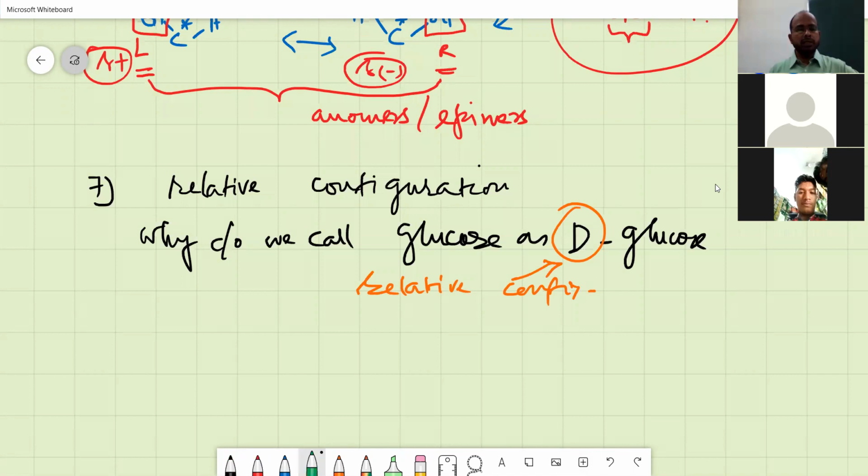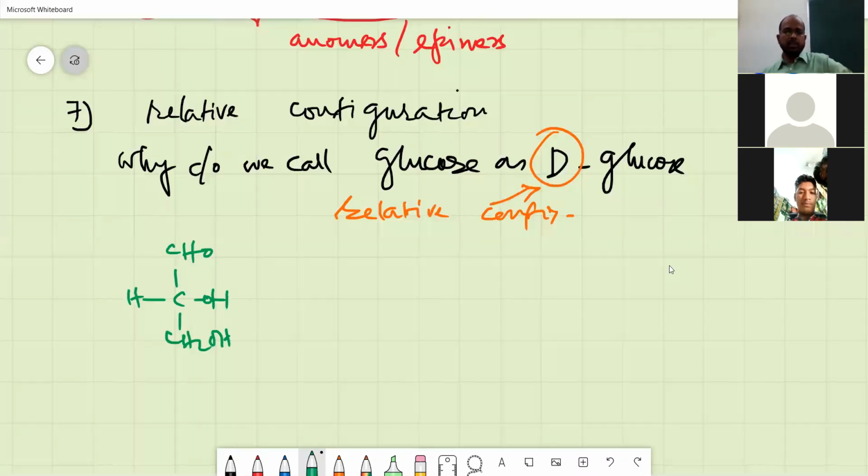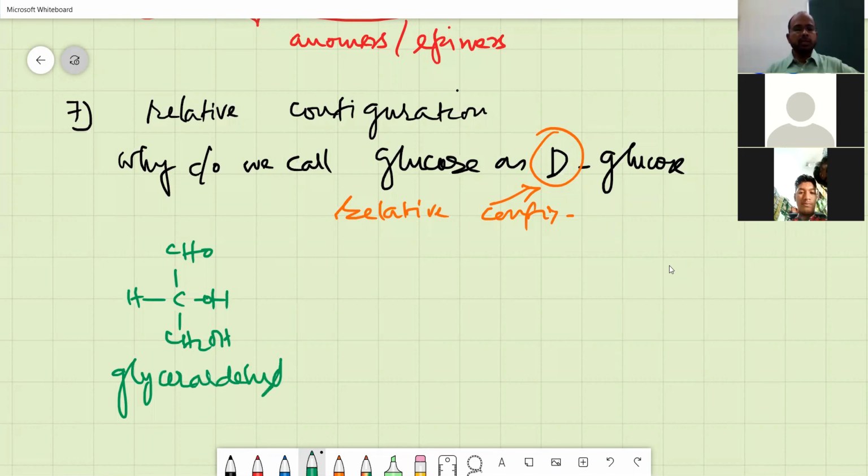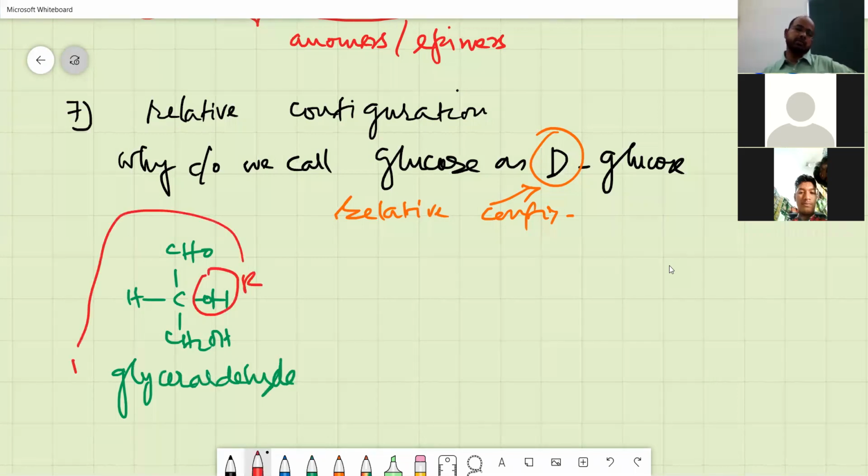We have taken glyceraldehyde as an example, CHO, CHOH, CH2OH. This is glyceraldehyde. Okay, because OH is on the right, we call it D-glyceraldehyde.